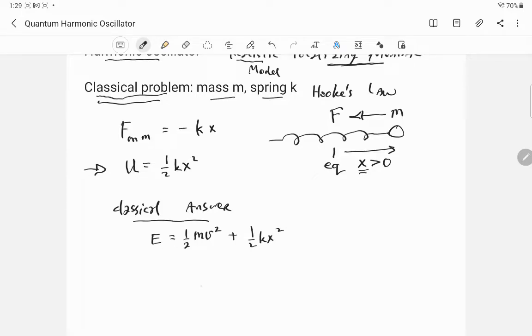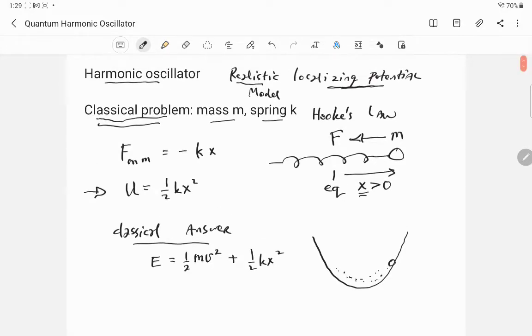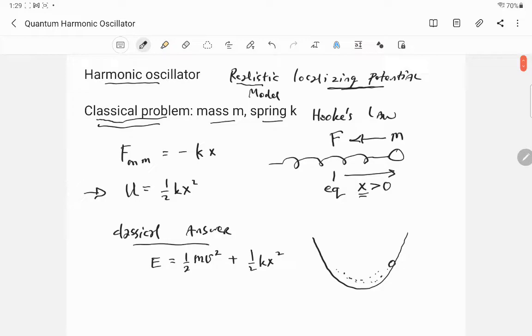And this will be the total energy. And if you use the conservation of energy, then in this potential, it's just like you imagine a little ball rolling back and forth in this confining, localizing potential.